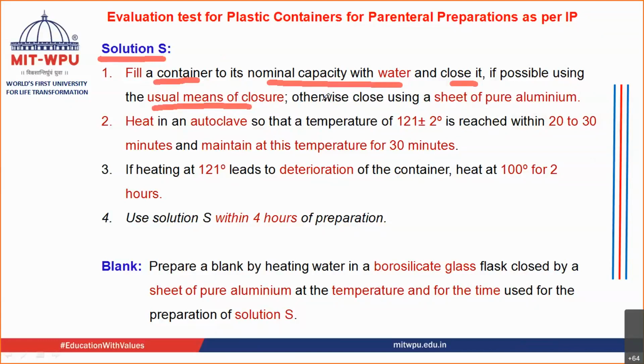If not, you can close it with a sheet of pure aluminium. So you take the container, add your water, and close it either with the normal closure you are going to use at the end, or with the aluminium sheet. Then after closing, you are going to autoclave this container at a temperature of 121 plus or minus 2 degrees Celsius for near about 30 minutes.